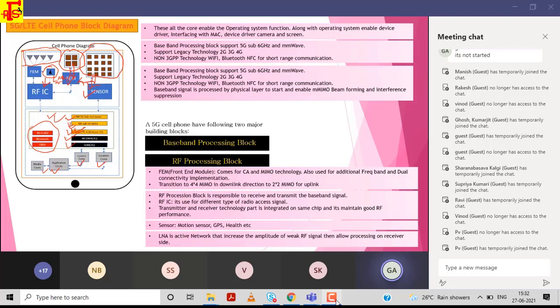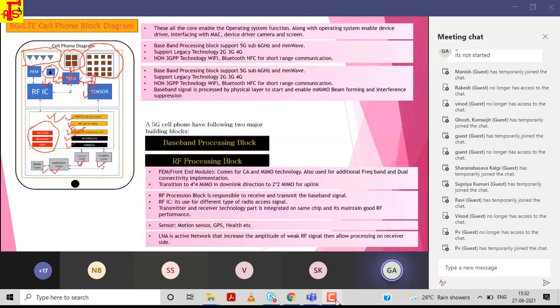Because sometimes in CS fallback services, you are doing some PS data and your mobile is connected through the LTE network, but when you make a call, it moves to the 2G or 3G network. How does that happen, when it is connected to LTE and suddenly goes to 2G or 3G? There is a processing block, software built into the mobile, and that block does this part.